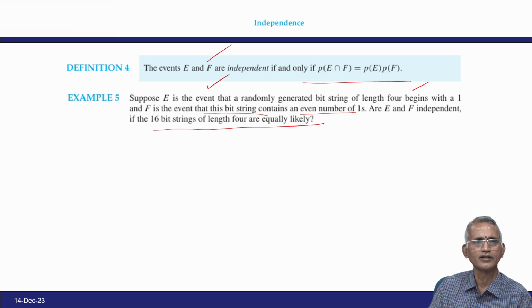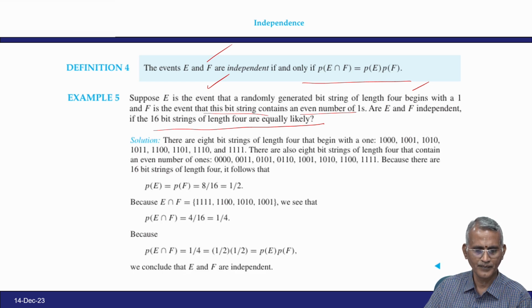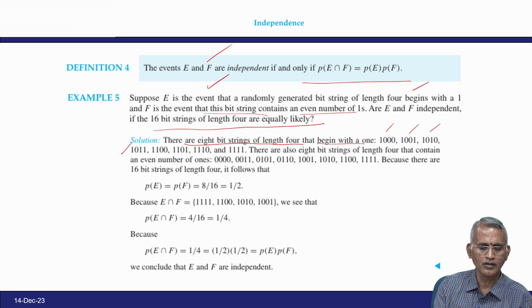So, what is the result? There are 8 bit strings of length 4 that begin with 1: 1000, 1001, 1010, 1011, 1100, 1101, 1110 and 1111.